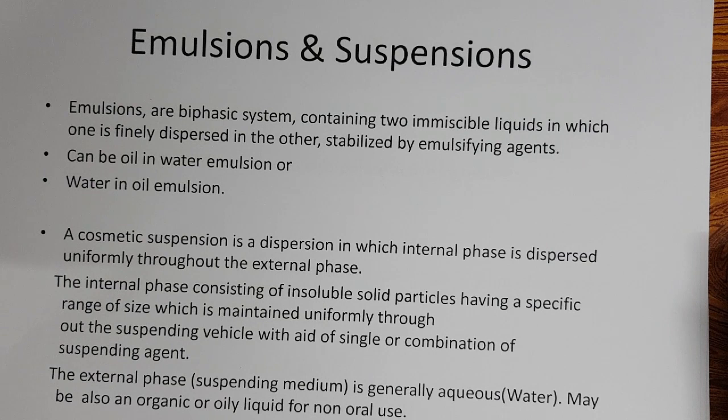What is this? Basically, you take water and you disperse solids in water, powders in water. That powder is not soluble in water, but you disperse it uniformly in water.